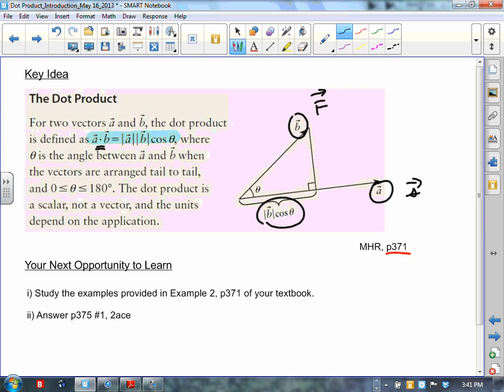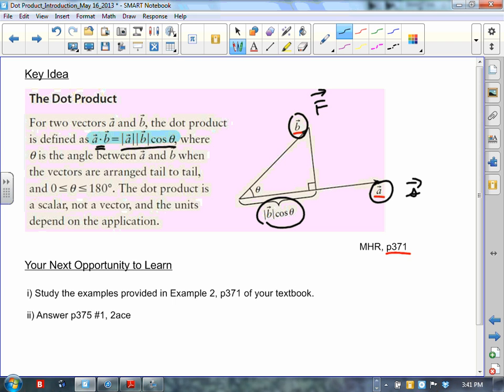So b cos theta is somewhat of a projection of this particular vector here onto this vector here. They're multiplied together, and that represents what we call the dot product.